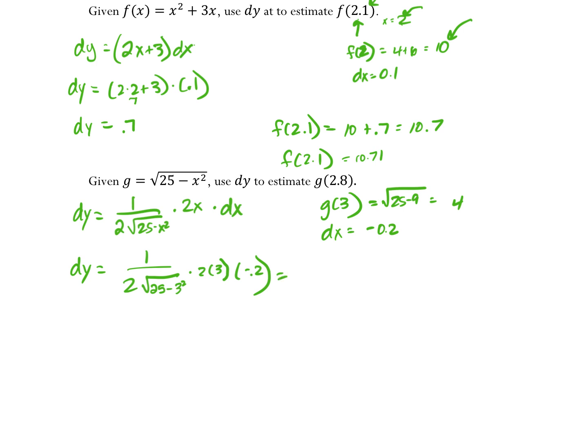Work that out. And when I type this into my calculator, I'm getting 0.15. So my g of 2.8 would be 4 plus 0.15, 4.15.